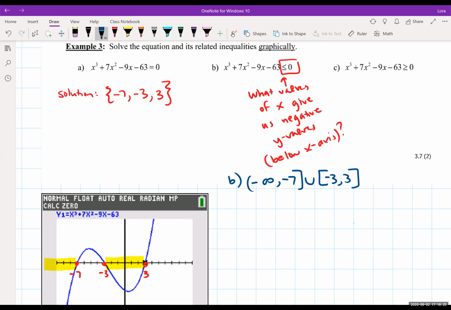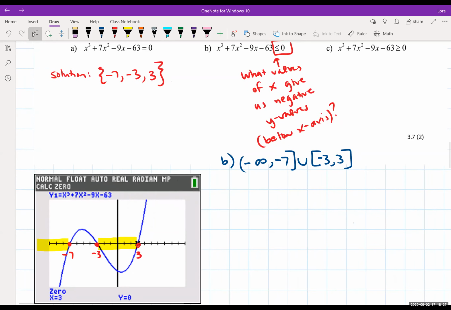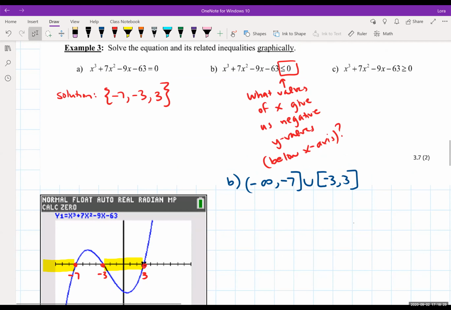Now similarly, you're choosing the x regions, or the values of x, that you did not choose in part B. You want to double check this one more time. What are we asking ourselves? What values of x give us positive y values?